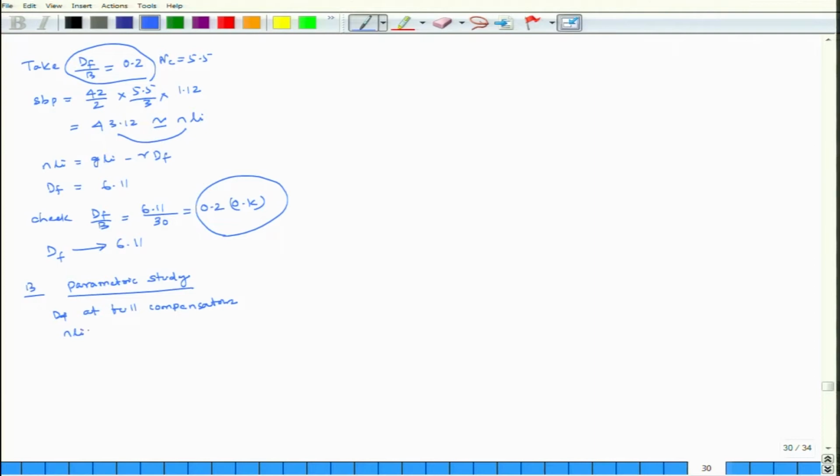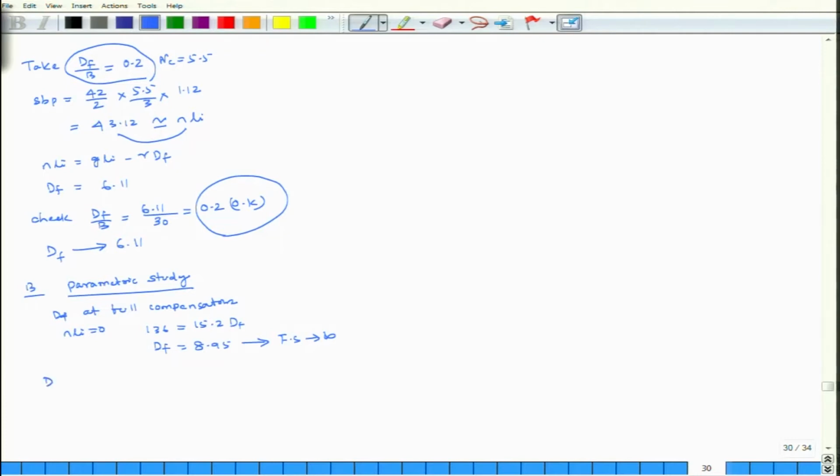Full compensation means there is no backfilling, so net load intensity is equal to 0. From there I am getting 136 is equal to 15.2 into df, gamma df. So, df is coming out to be 8.95, and considering this df, factor of safety tends to infinity.